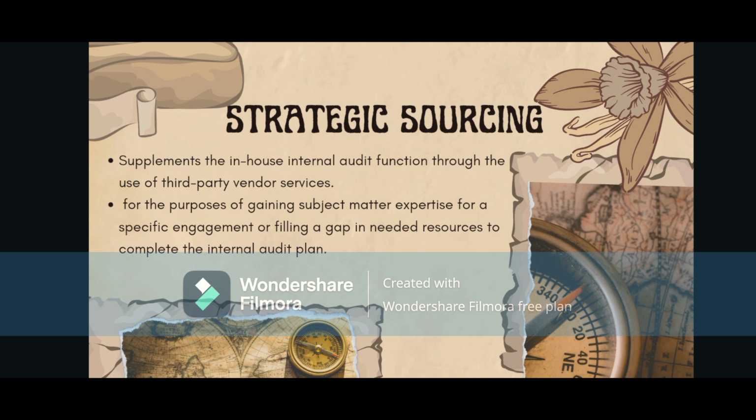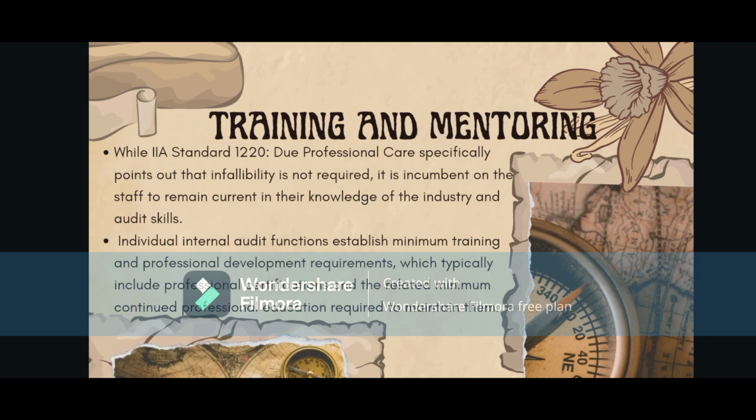Third-party vendors often bring specialized skills and expertise that may not be available within the organization. In some cases, outsourcing audit services to third-party vendors can be more cost-effective than hiring and maintaining a full-time internal audit team, especially for smaller organizations or for conducting occasional or one-off audits.